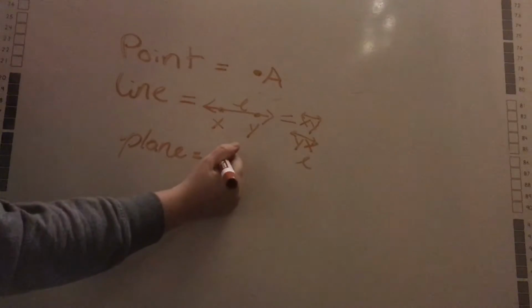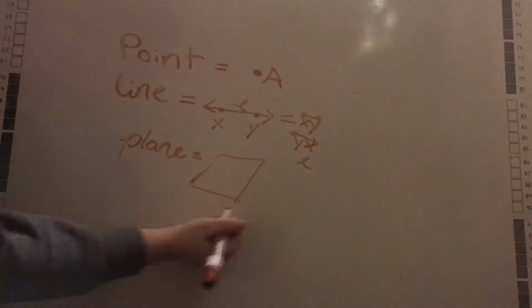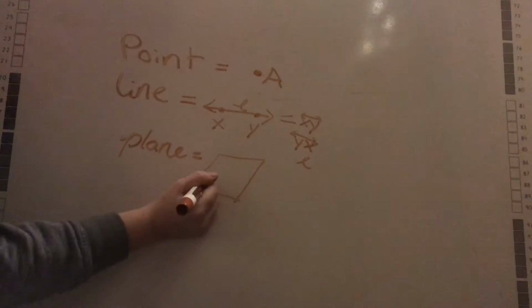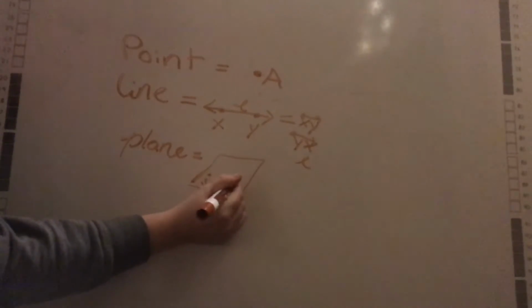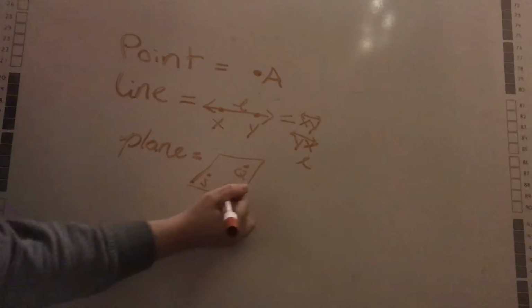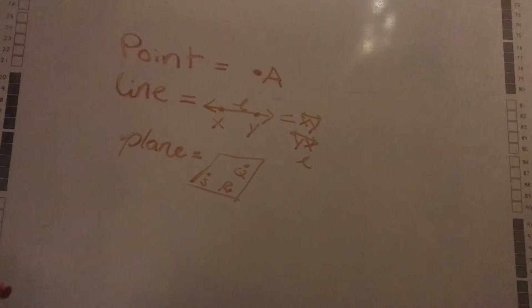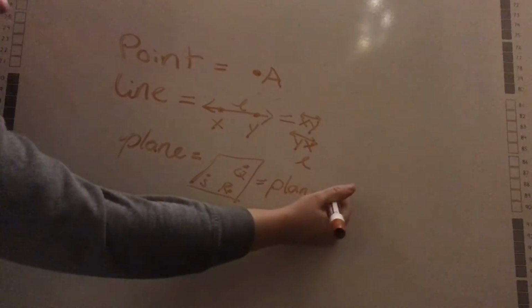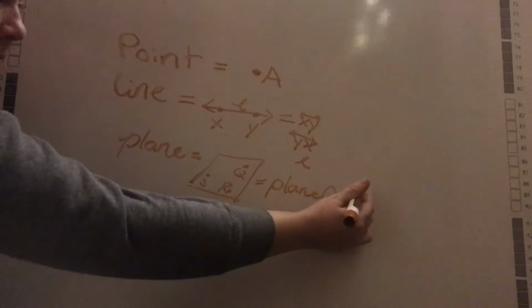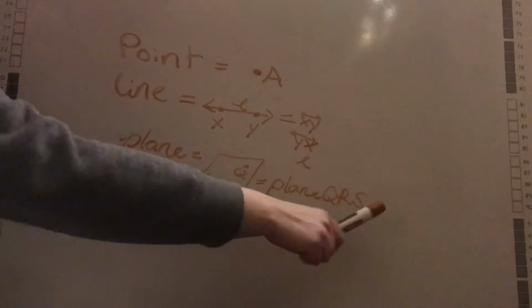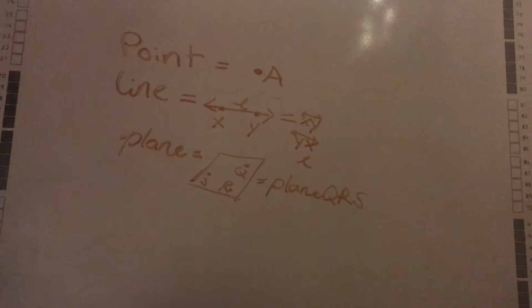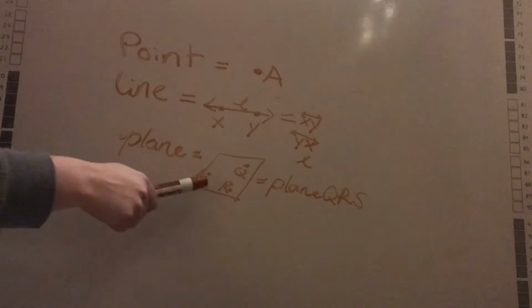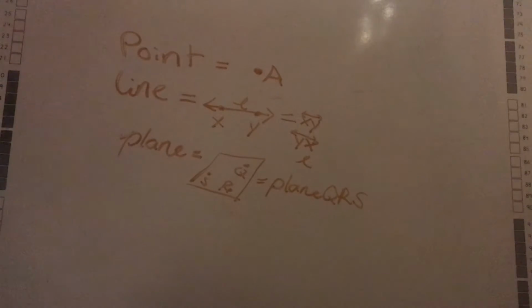So in the book, we have a parallelogram with point S, point R, and point Q. And we would represent that as plane Q, R, S. And the dots, the points, can be in any order. The capital letters, it does not matter what order they are in. So, any 3 points can make up a plane.